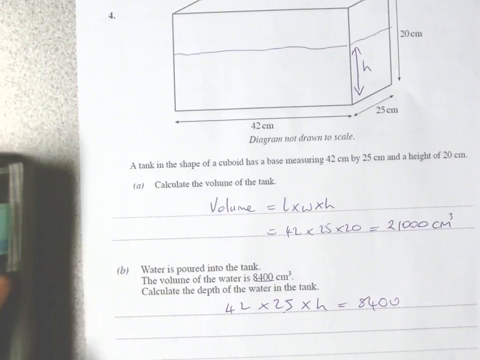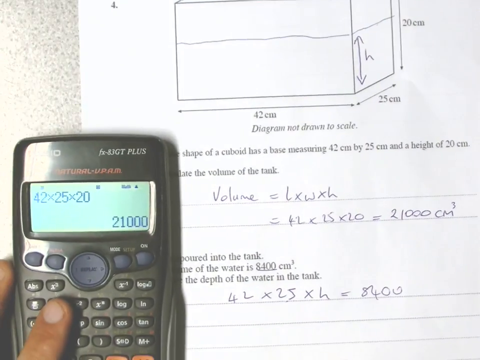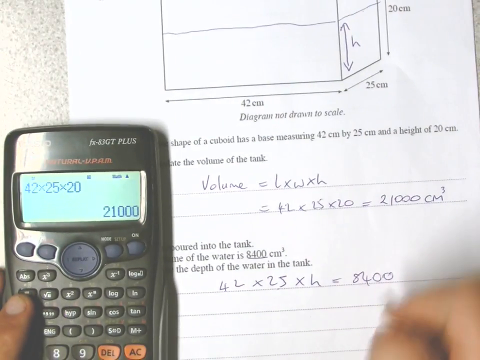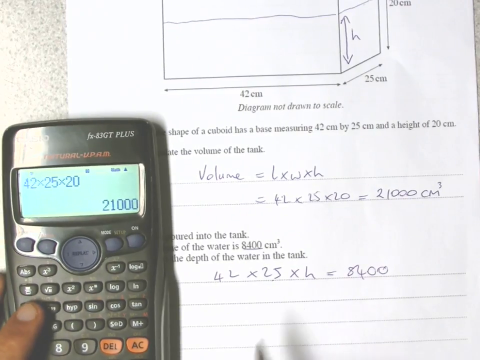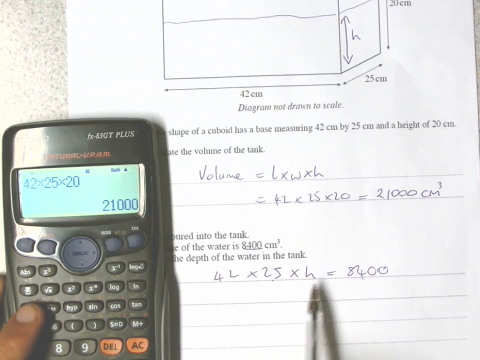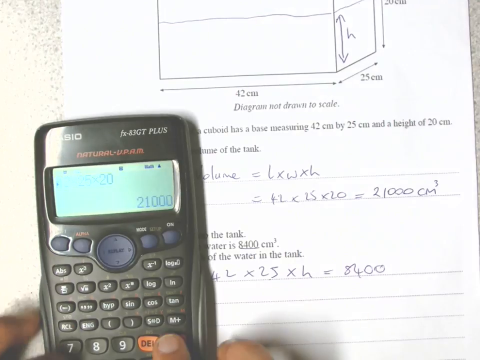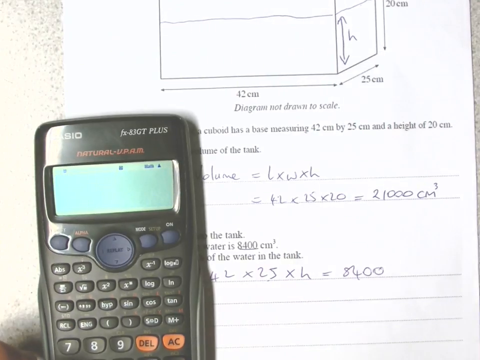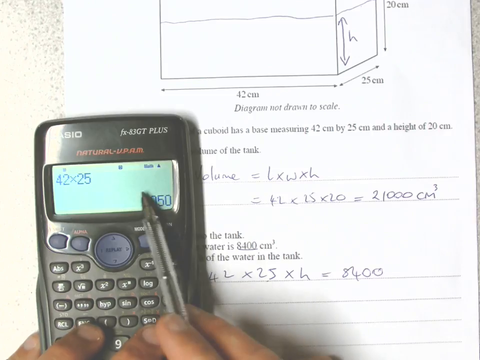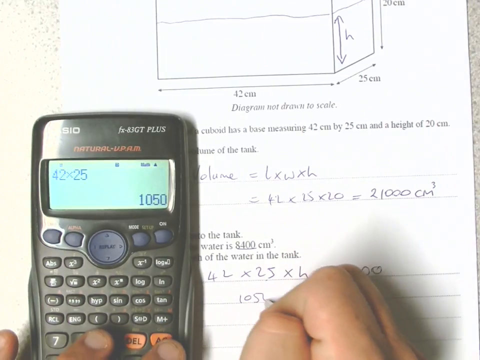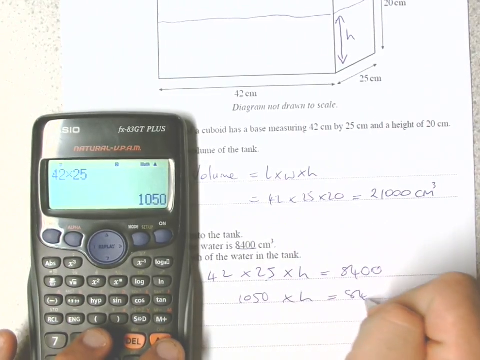So what I'm going to do next is a working backwards type problem, where they give you the volume and you're trying to work out one of the dimensions, in this case the depth of the water, which we've called h. I'm going to work out 42 times 25, and it comes to 1,050 times h.